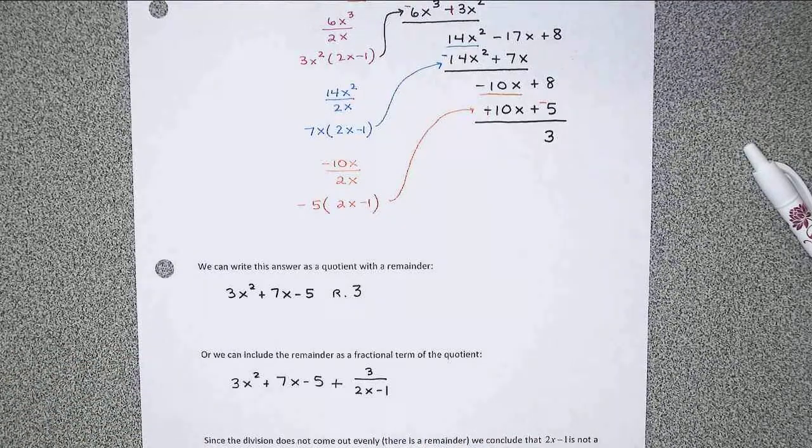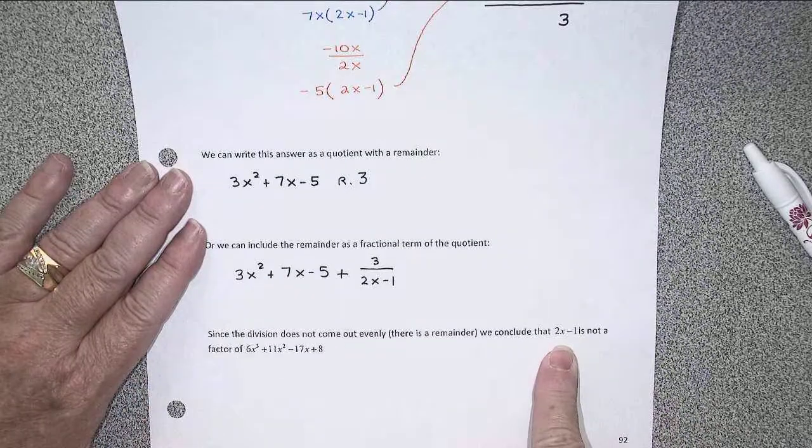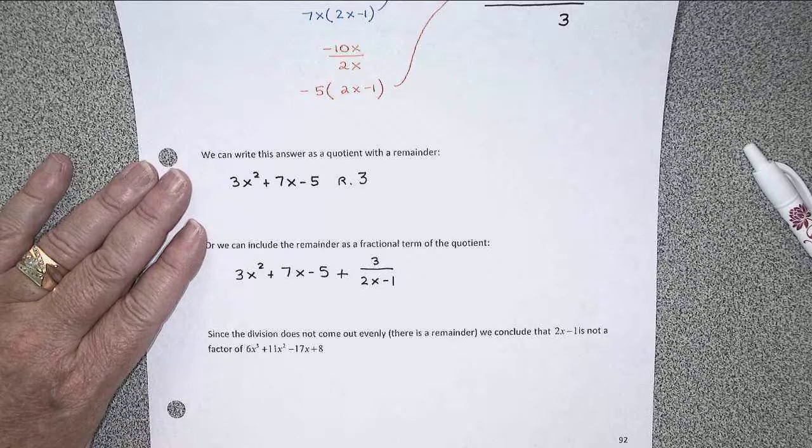So if I write it in its fraction form, I'm saying, yep, that still needs to be divided by 2x minus 1. I just can't go any further with my long division process. Since this division did not come out evenly, we would have to conclude that 2x minus 1 is not a factor of our original polynomial, and I couldn't write a factored form based on what we've done here.